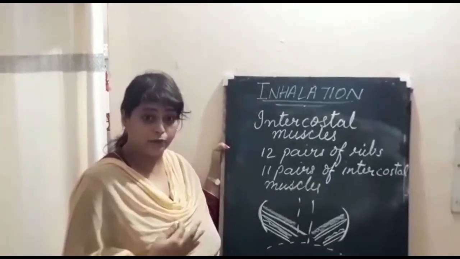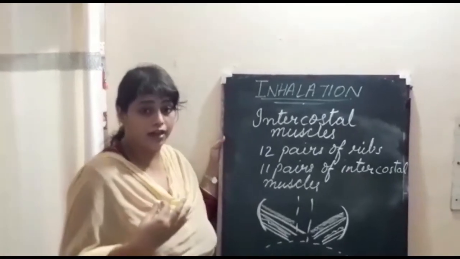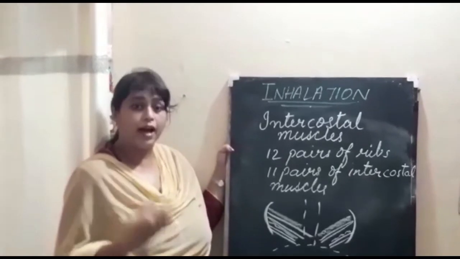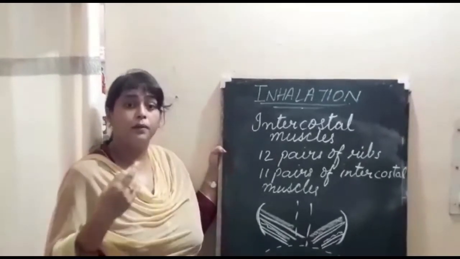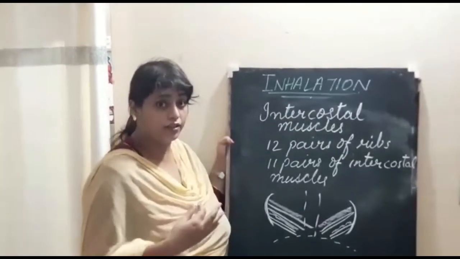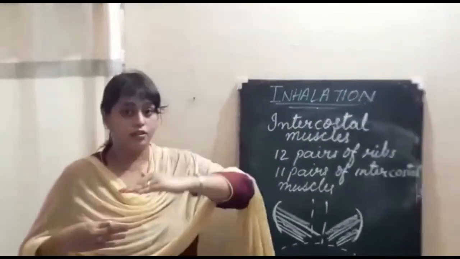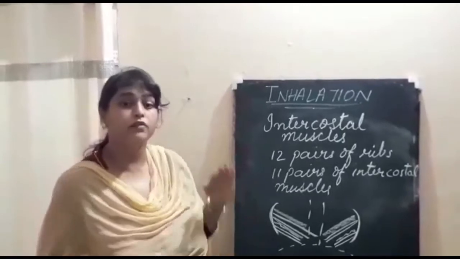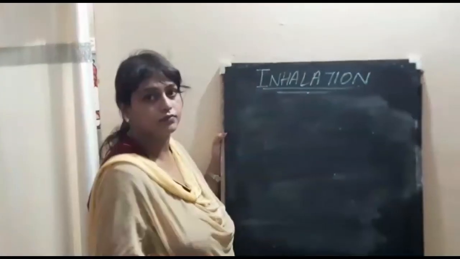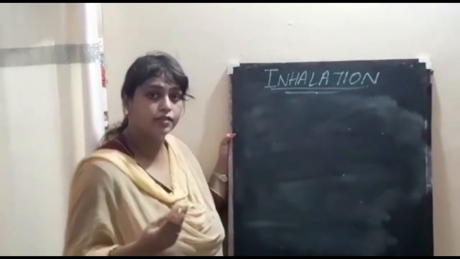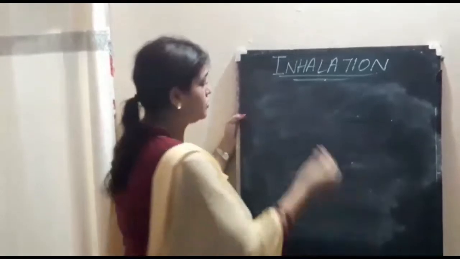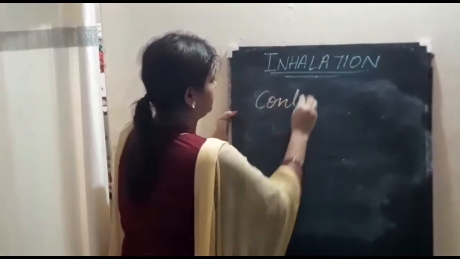Because of the contraction of muscles, the inhalation takes place, and the two important muscles that help in inhalation, first is the diaphragm, which is a dome shape, and then we have external intercostal muscles. So there are two processes that we spoke about in inhalation. The first one is contraction of muscles.